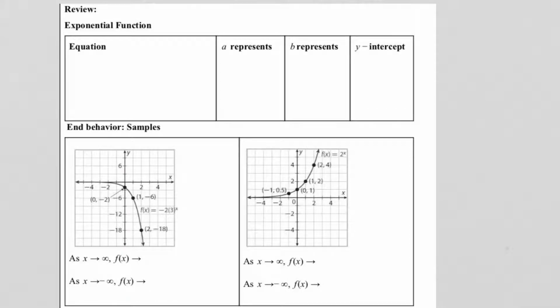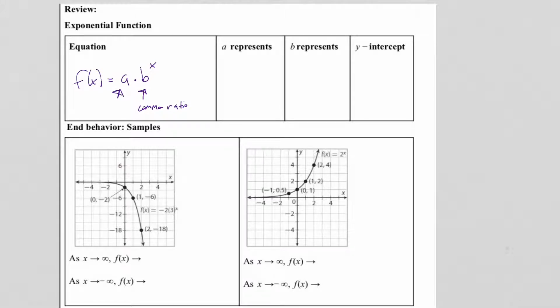So recall from last section that f of x was equal to a times b to the x power, right? And the b part was simply our common ratio.